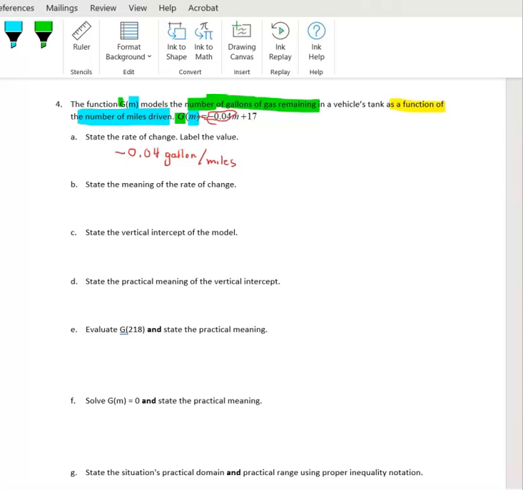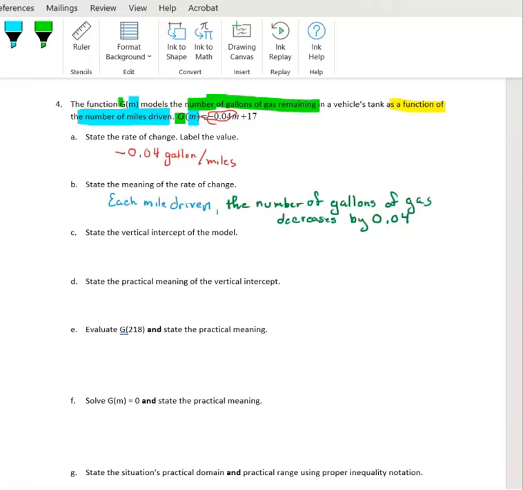So now we want to write that in terms of what this actually means. Each mile driven, that's the input part. The output part is the number of gallons of gas decreases, because it's negative, by 0.04.